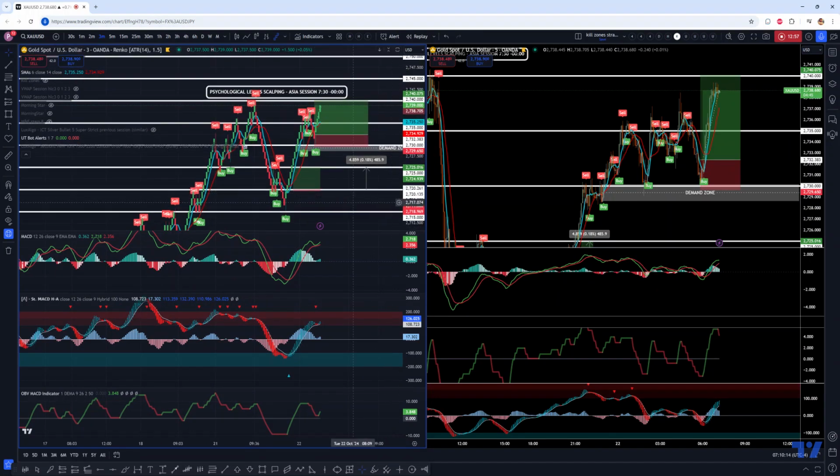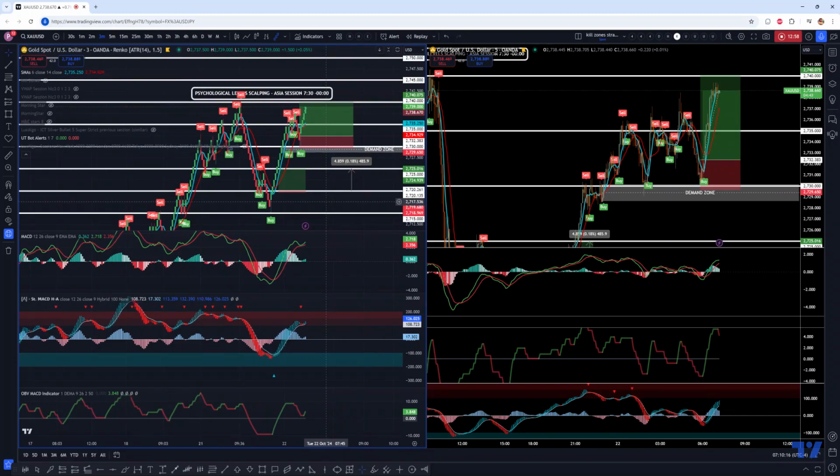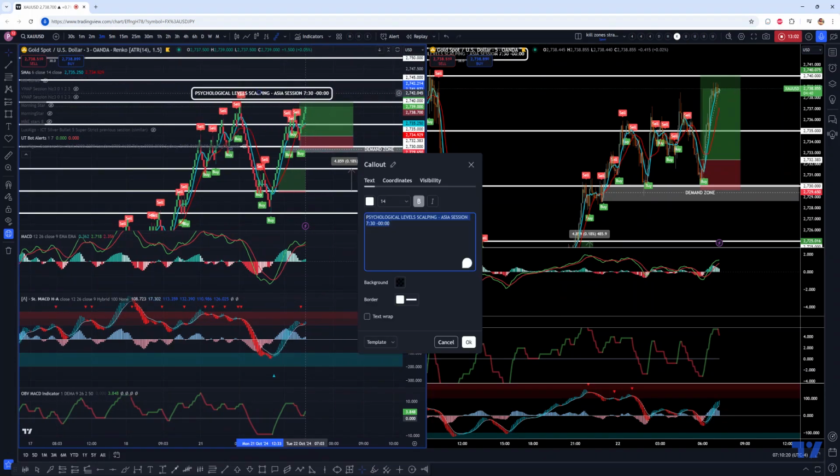So because of that, I'm reminding myself. I usually take this trade around 7 p.m. Eastern Standard Time (EST) every day, and whatever the London session gives will continue from there.